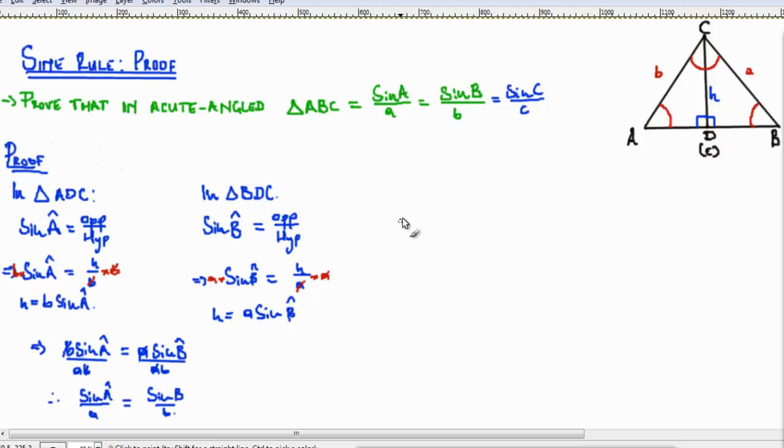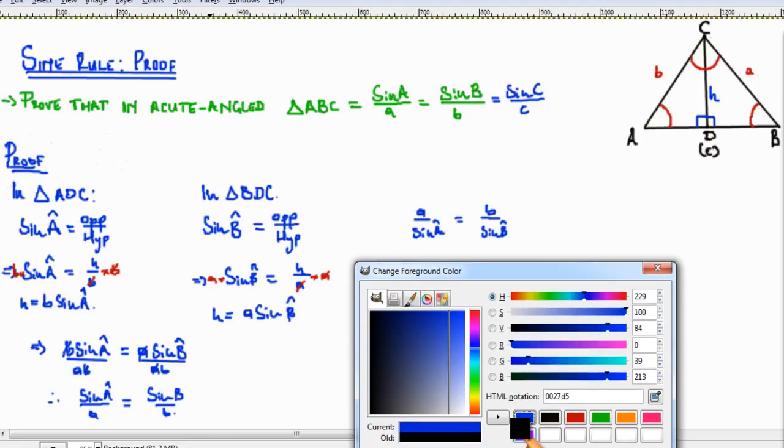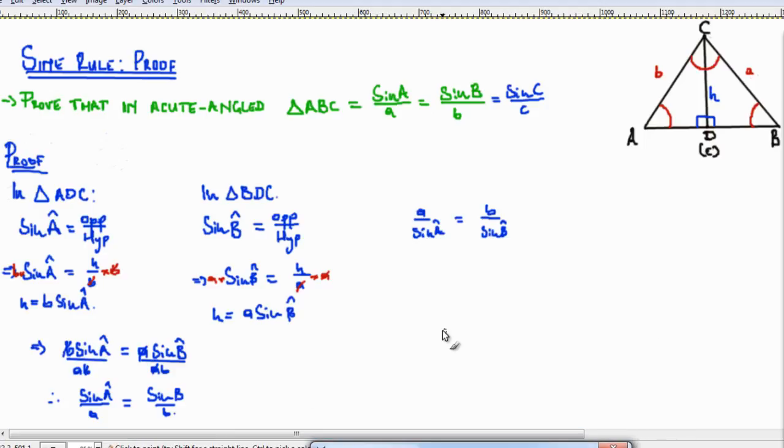But remember, you can also be required to show that a over sine of a is equal to b over sine of b. If you are asked this instead of this, it is the same procedure, except for when you get here, where you said b sine a is equal to a sine b.